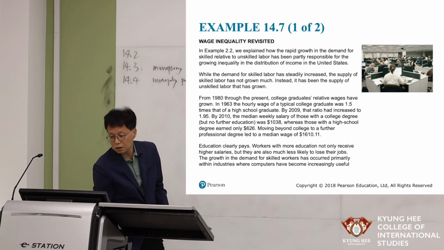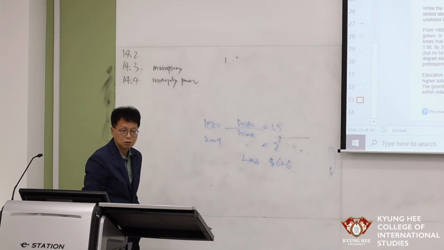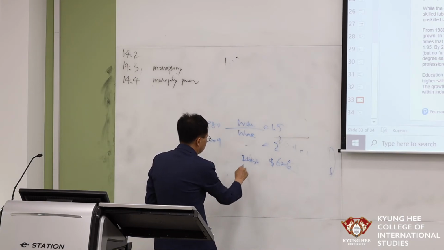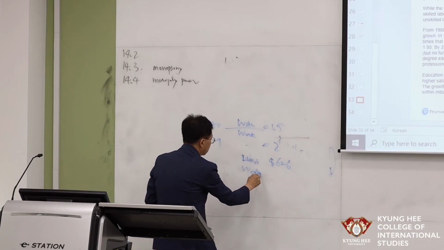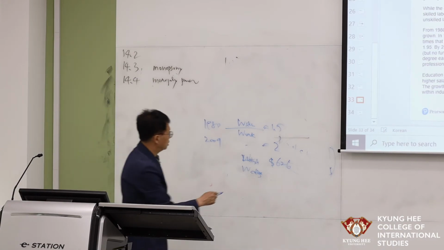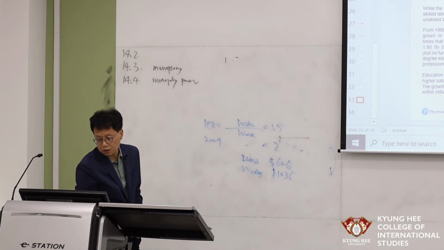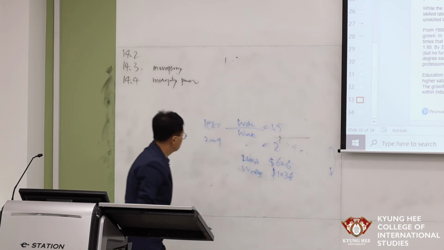In 2010, they received $626. Okay? So the wage rate of college graduate workers was $1,036 in the United States, right?